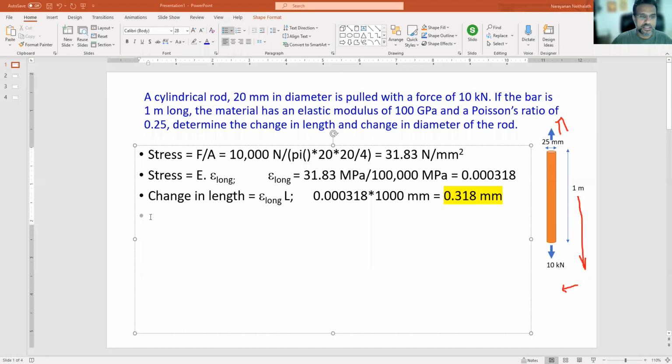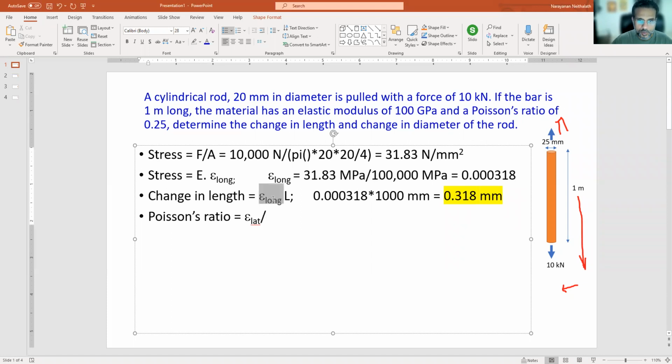Therefore, if I start to look at the Poisson's ratio, which is given to you, Poisson's ratio is nothing but the ratio of lateral strain to longitudinal strain, right?